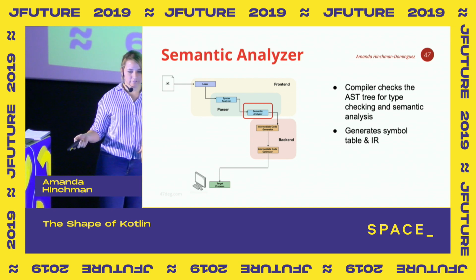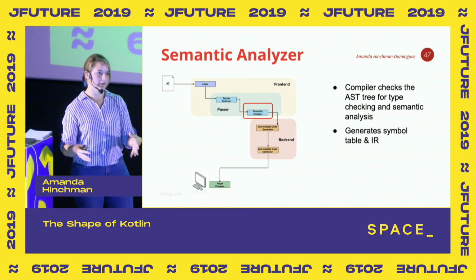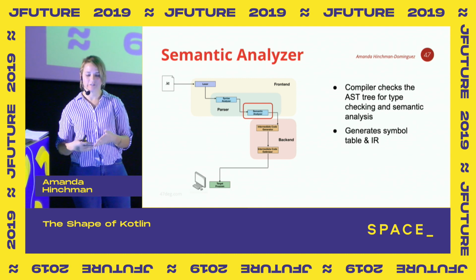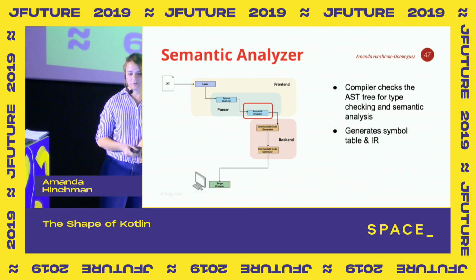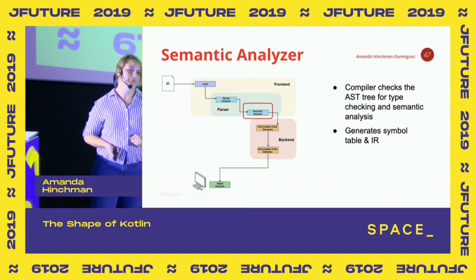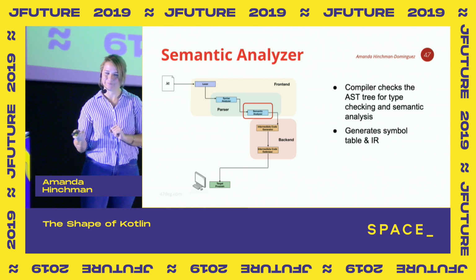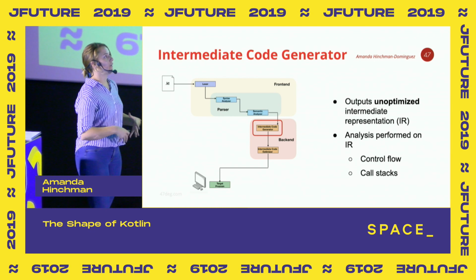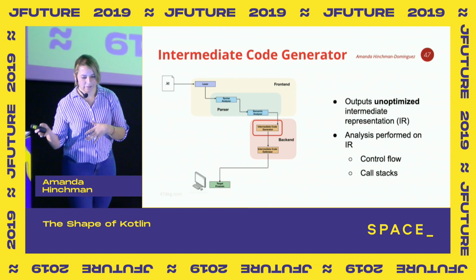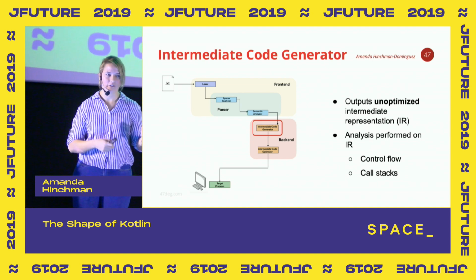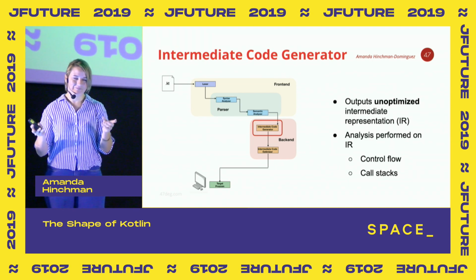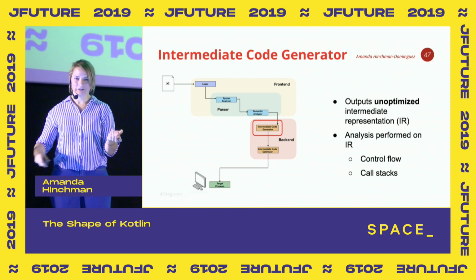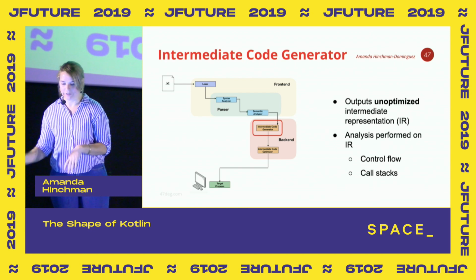Also at this stage, since we already have our AST tree and some overlay on that, we have the ability to generate symbol tables and intermediate representation for lower level mechanical jobs, I guess. Okay, so we've come out with basically our symbol tables and our AST tree. This is great. We have multiple trees, and we have some tables: a symbol table and probably also a table for the associated IR tree.